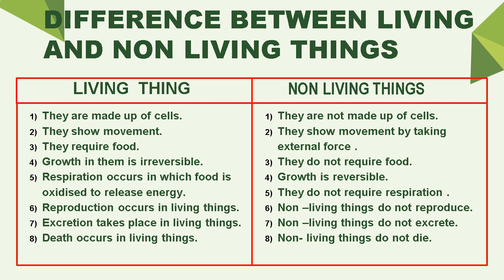Growth in living things is irreversible. That means you cannot change from adult to child again. Growth in non-living things is reversible. That is, you can change the shape of the object as per your choice.